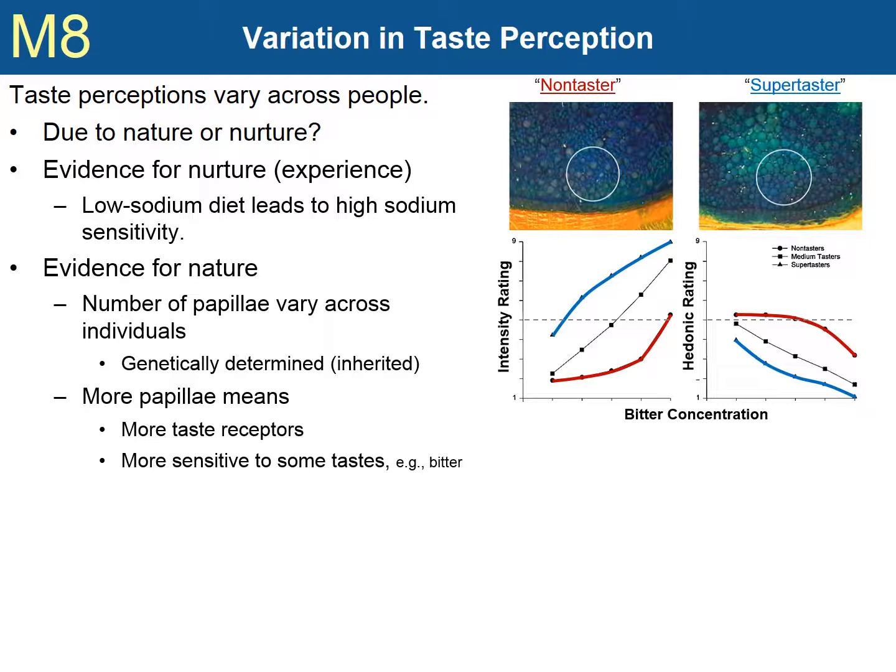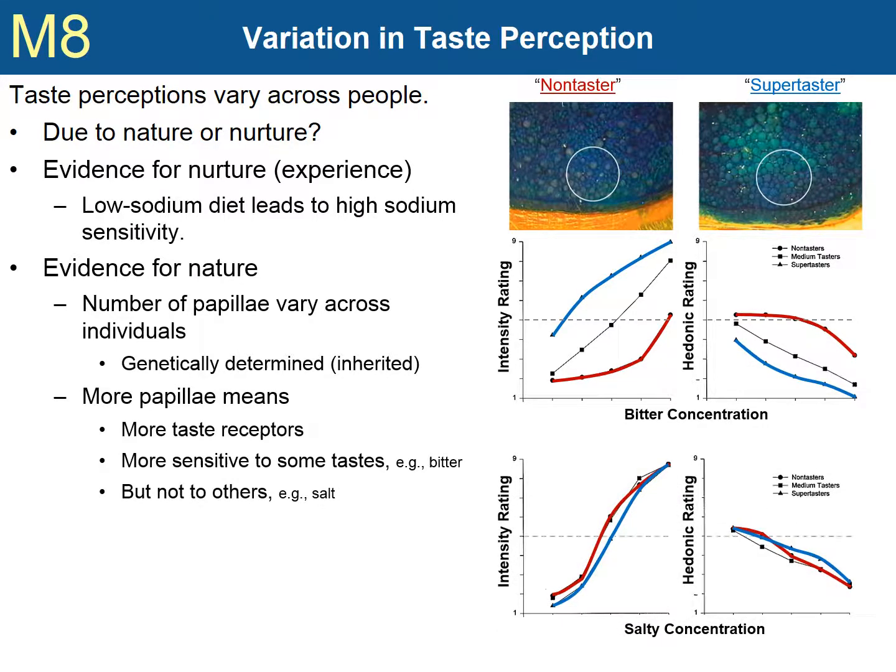The supertasters rated the bitter taste lower and lower with each increase in concentration, but it really wasn't until the highest concentration that the non-tasters rated the bitter substance as less than neutral. However, this same relationship doesn't hold for salt. The non-tasters and supertasters rated the intensity and hedonic value of salt concentrations equally. That is, the two groups perceived saltiness equally.